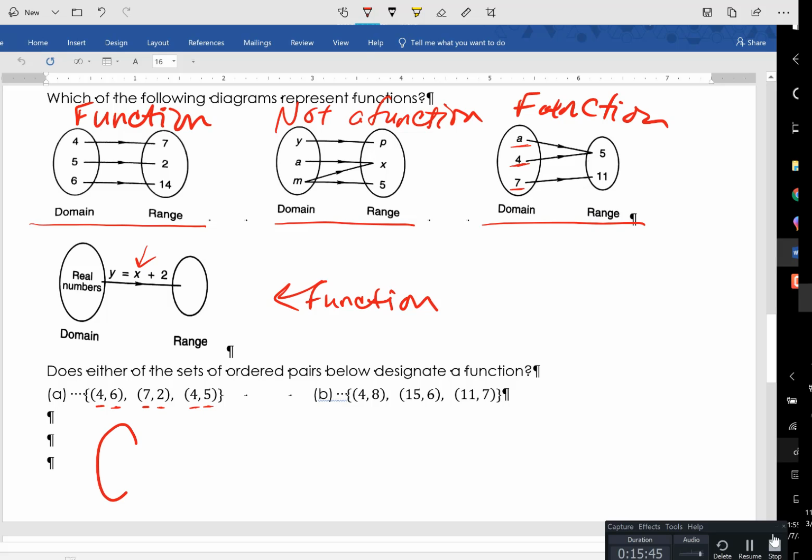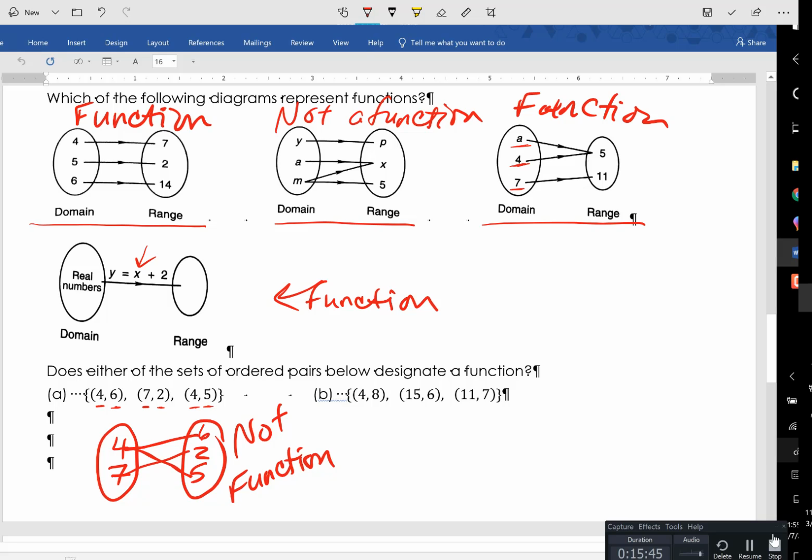If you were to draw a picture of this, you would have 4 and 7 in the domain, and then you would have 6, 2, and 5 in your range, and 4 maps to 6 and to 5, and 7 maps to 2. So when you have a member of the domain matching to two different members of the range, that is not a function.